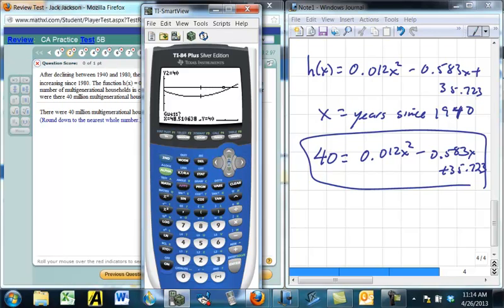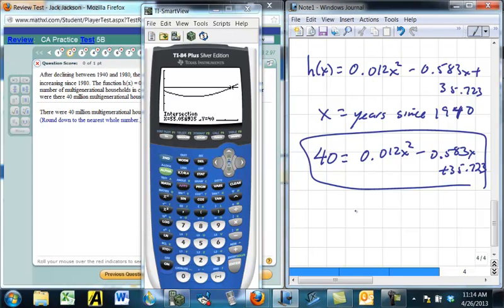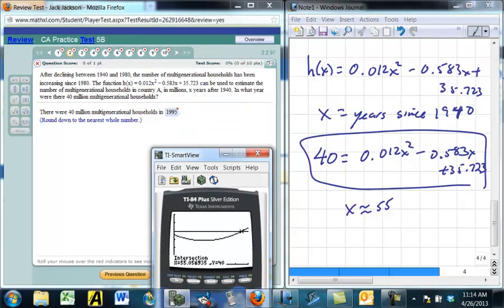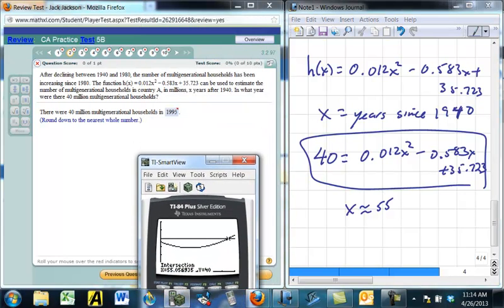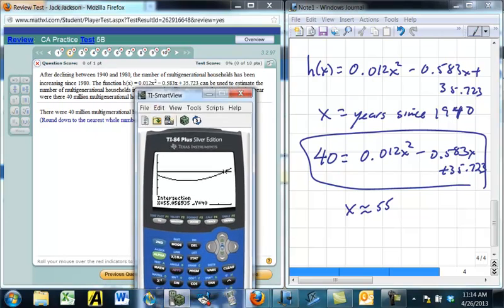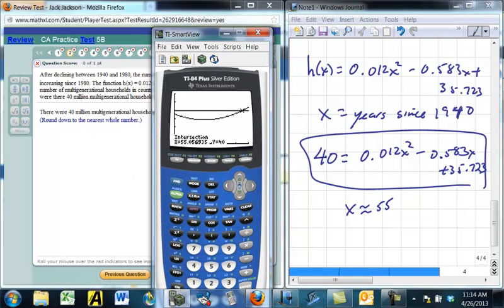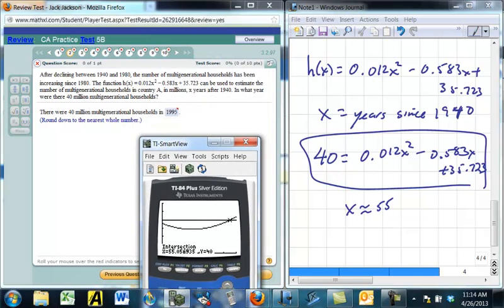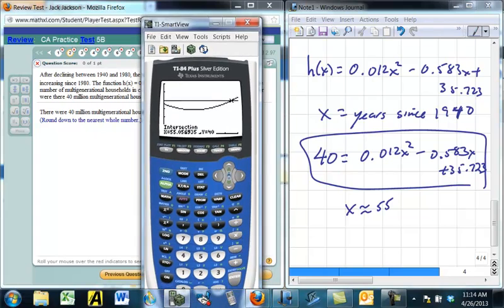I could also type in a number if I know about where it is. So get over here close to it for the guess and hit enter. And it looks like about 55. Now there's another one in another year, but earlier, according to this model, before 1940, but it just says that this formula is estimating from 1940 on.